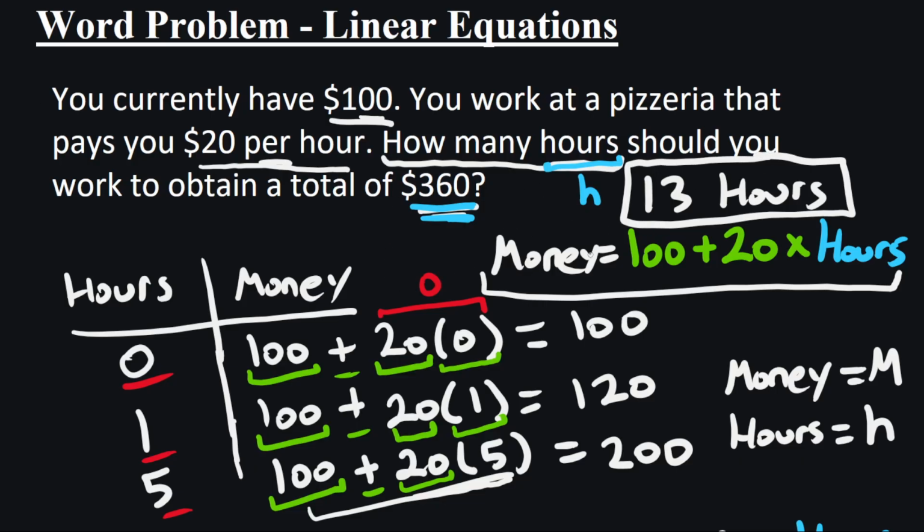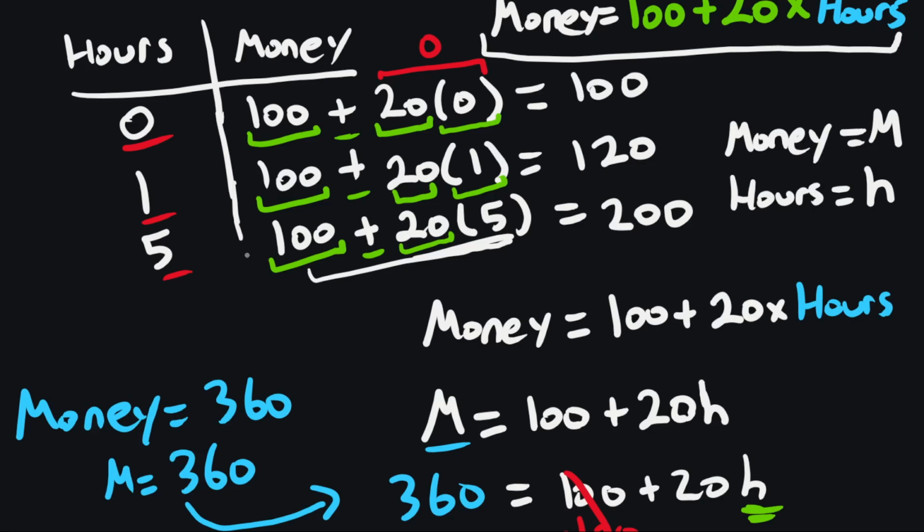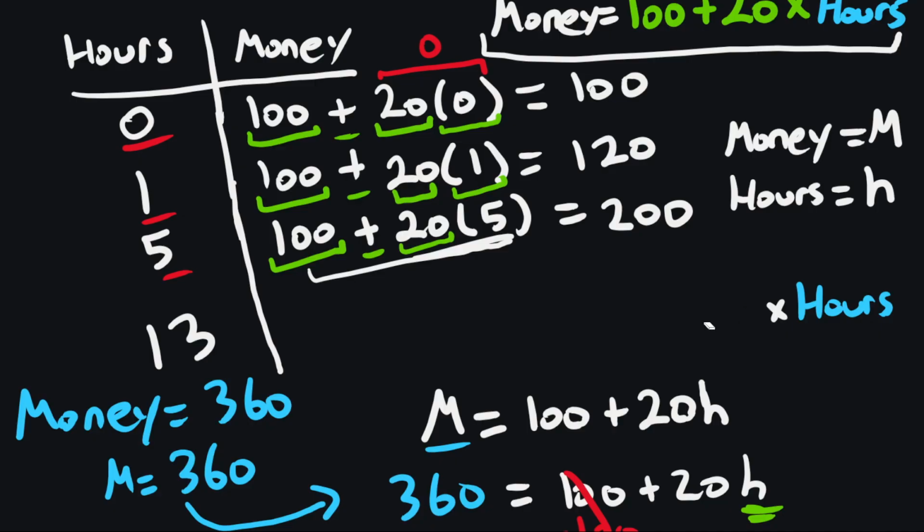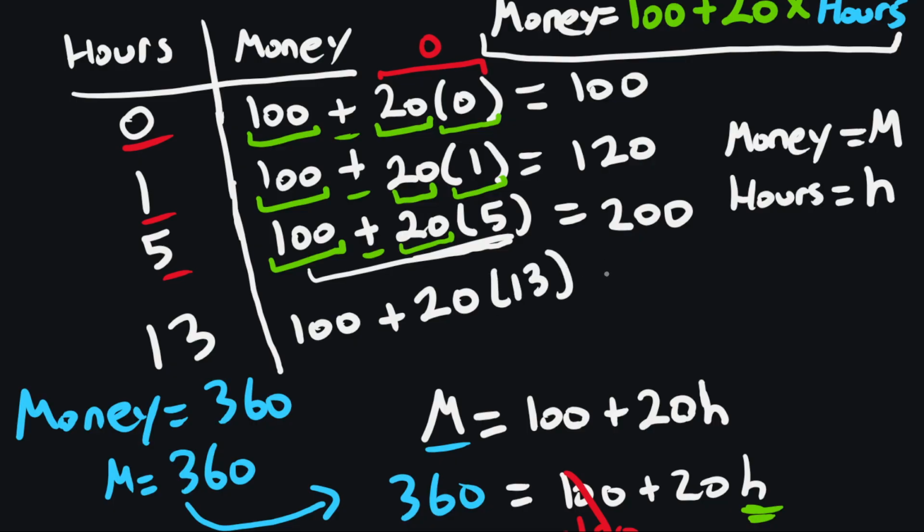Is that true? If we work 13 hours, will we get to 360? So let's continue this chart we had going on here. If we work 13 hours, there's the 100 we started with, plus our wage of $20 per hour, times 13.